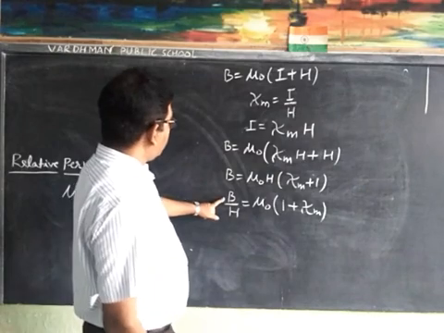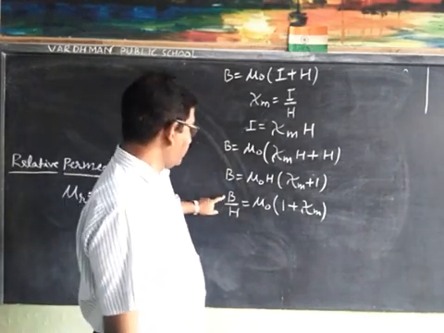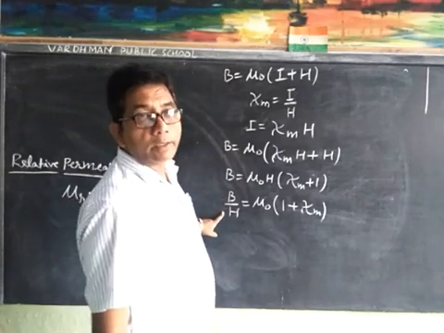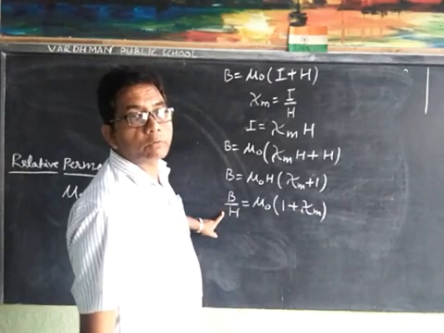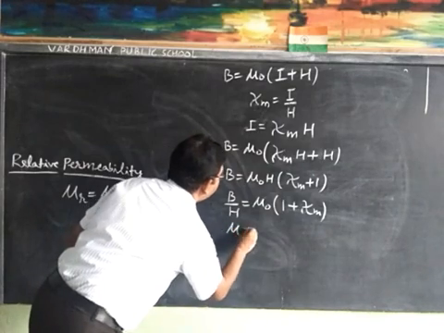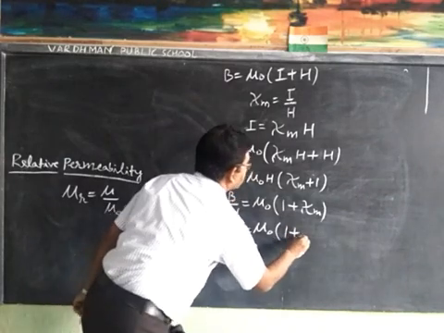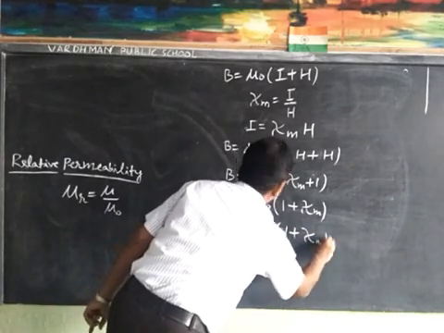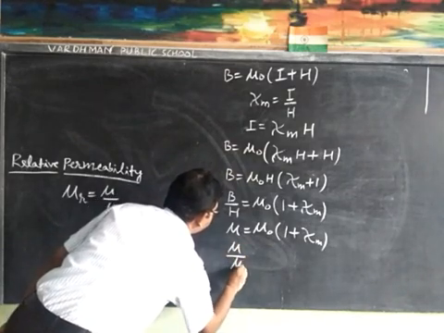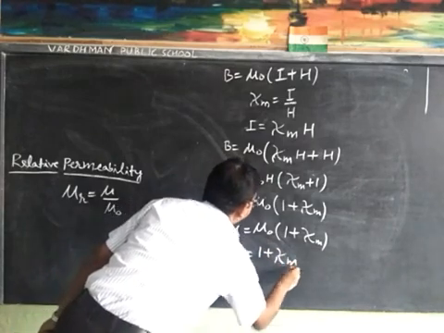Now B upon H, the ratio of magnetic induction to the magnetizing field intensity, is equal to magnetic permeability mu, which is mu 0 (1 plus chi m), or mu upon mu 0 is equal to 1 plus chi m.